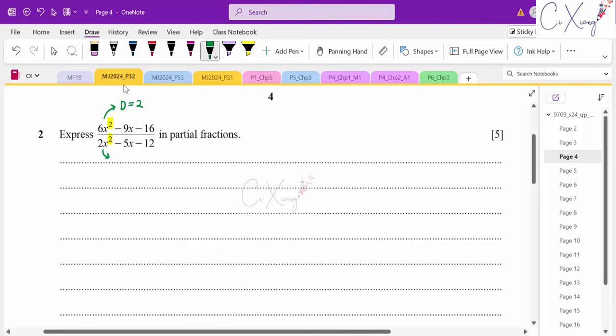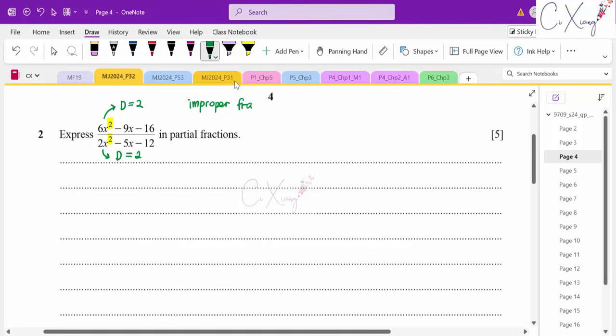For the denominator, it is also the same, the highest power for x is also 2. And when the degree on top is equal to or greater than the degree at the bottom, we call this improper fractions. So this is an improper fraction basically.